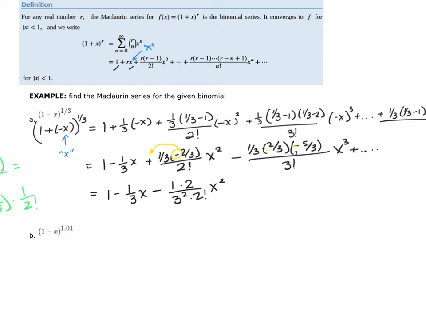And similarly, I'm going to end up with minus 1 times 2 times 5 over 3 squared, 3 factorial, x raised to the third.